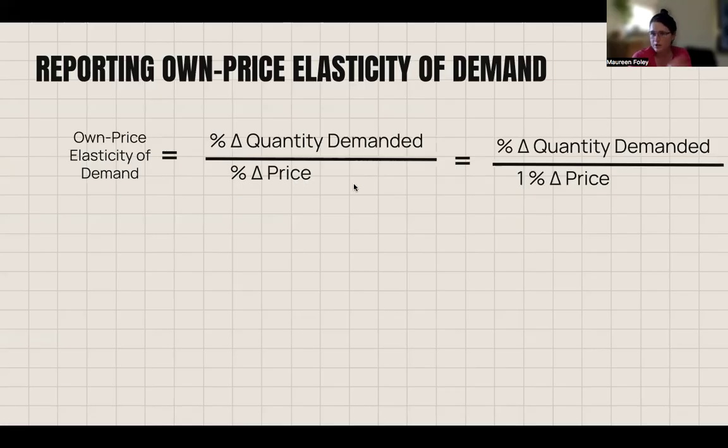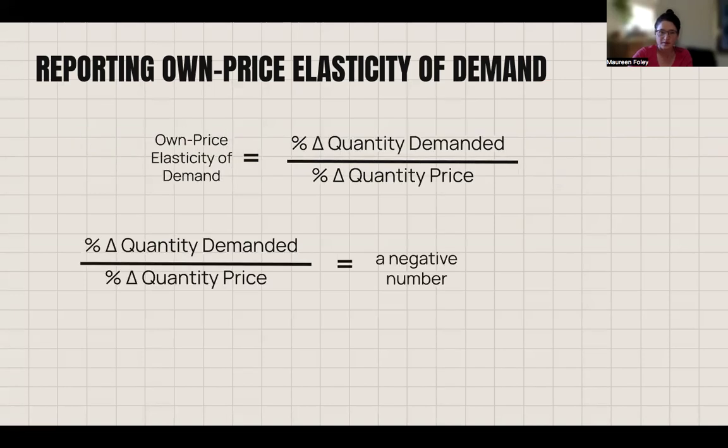So if we took a bunch of data and plugged a bunch of numbers in, what that would give us would be a percent change in the quantity demanded for every 1% change in price. So this becomes a uniform number between goods. You end up with a negative number, always a negative number.